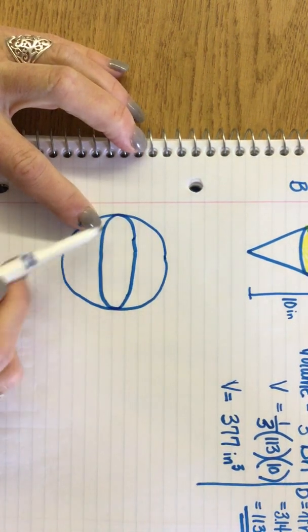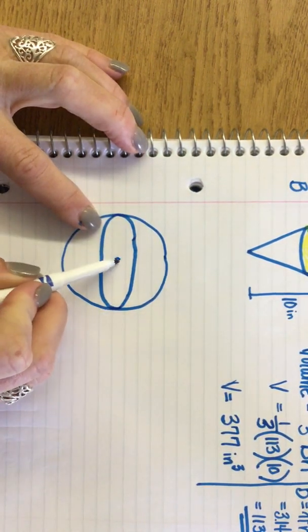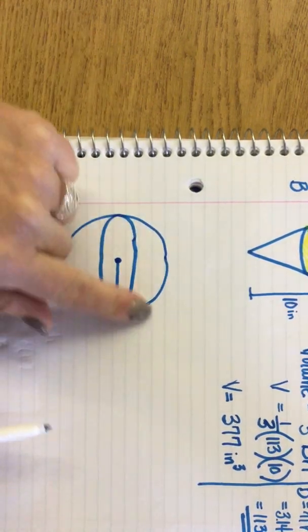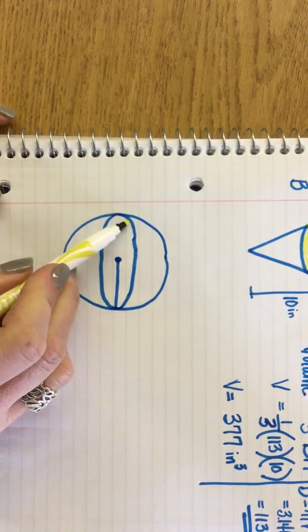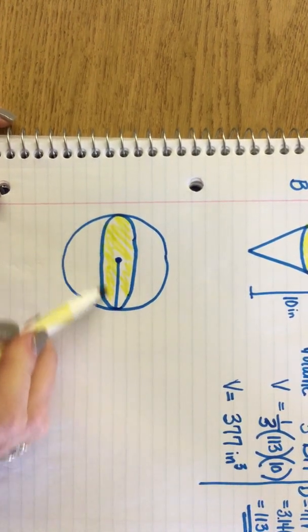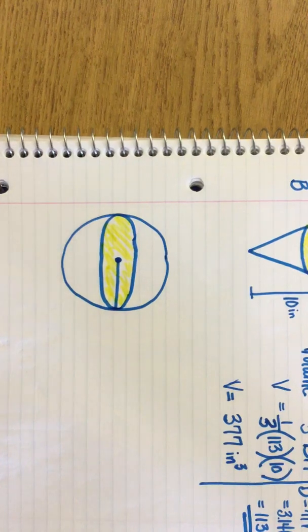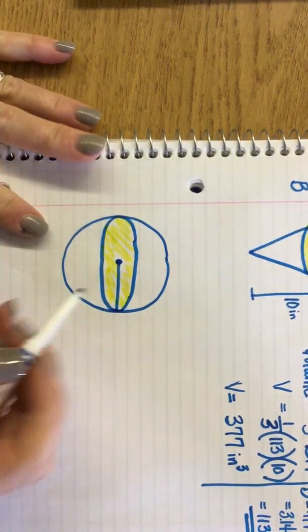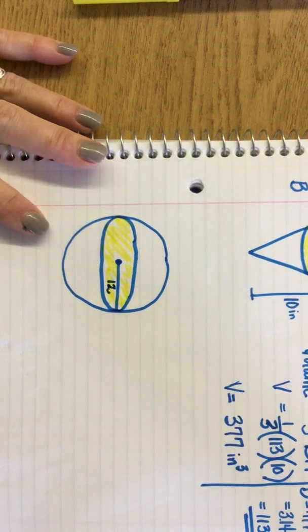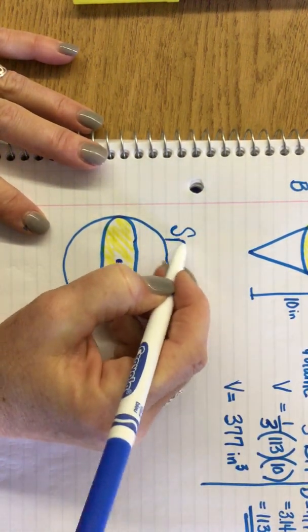I'm giving you an elliptical illusion, but it's actually a perfect circle. This is what your drawing may look like, and your radius is 12. We call this a sphere.